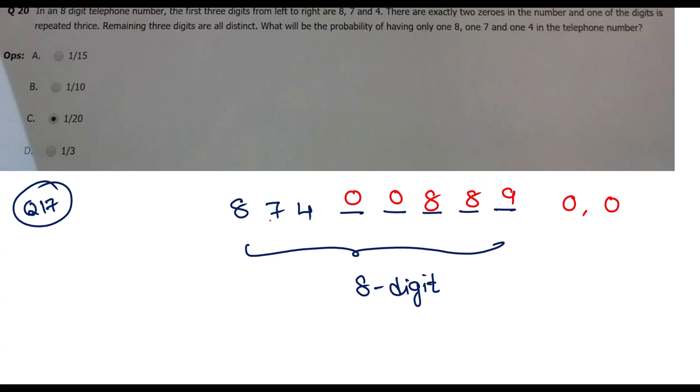Now, if you observe, the remaining 3 digits are all distinct. There are exactly 2 zeros in the number. Yes, 2 zeros. And one of the digits is repeated thrice. Yes, 8 is repeated thrice. Now, how many distinct are available: 7 is distinct, 4 is distinct, 9 is distinct. I have 3 digits which are different. 8 is repeated, 0 is repeated.